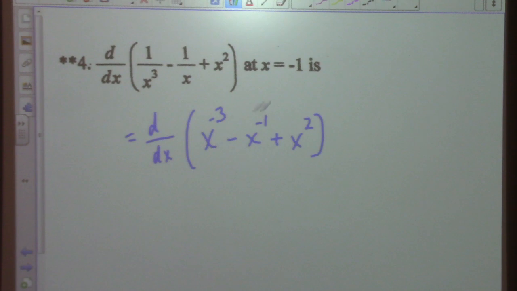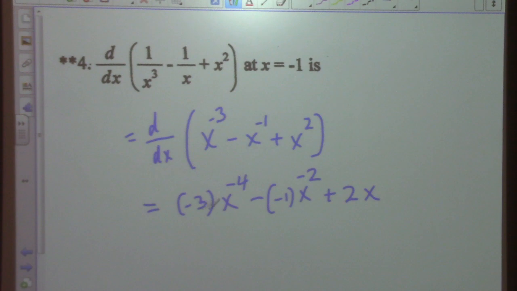So this is my calculus-friendly version so far. And now, to go ahead and work this out, we have -3 times x to the -3 minus 1, which is -4, minus -1 times x to the -2, plus 2x, okay?